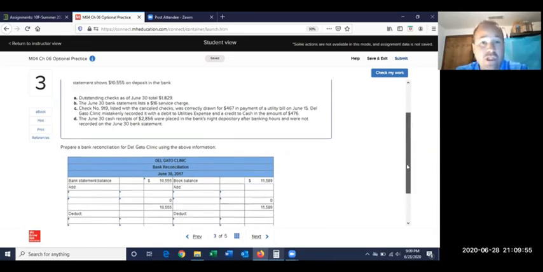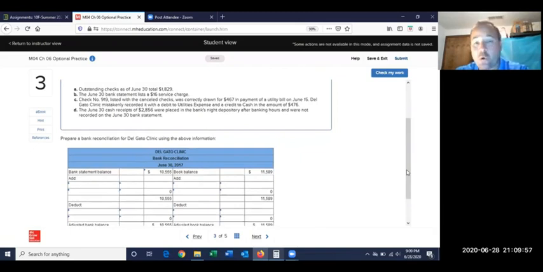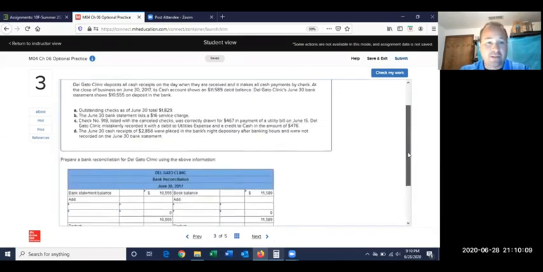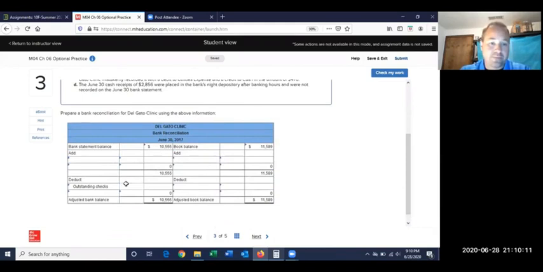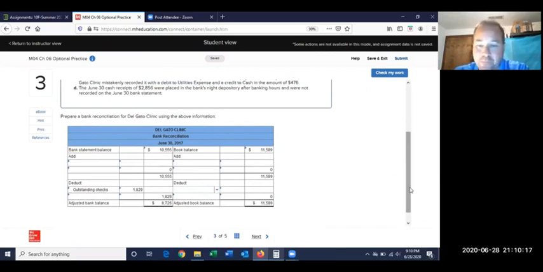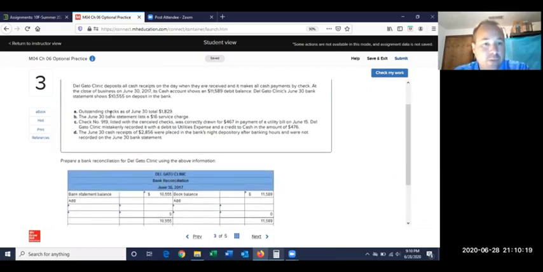And then we have to think what a check does. If I wrote a check, does that increase or decrease my cash? Well, it decreases it. So I want to come down here and put outstanding checks, and then the amount, $1,829. So we took care of A.